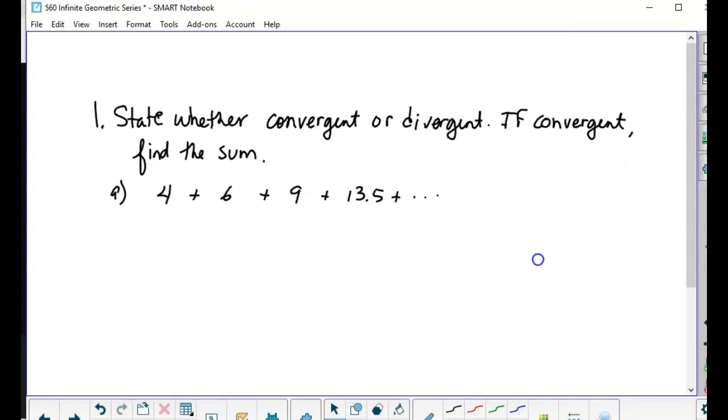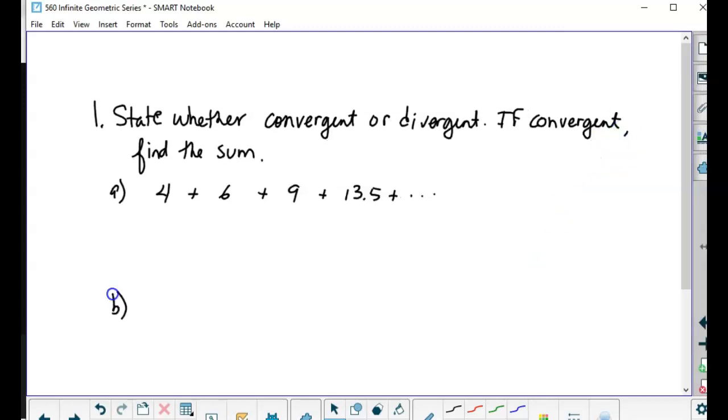Okay, question here. So, things to look for. Is it geometric? If so, what's the common ratio?